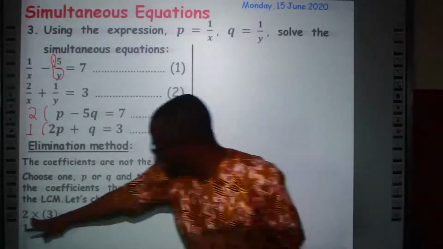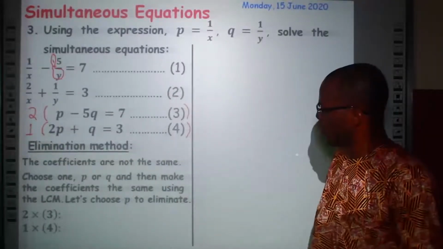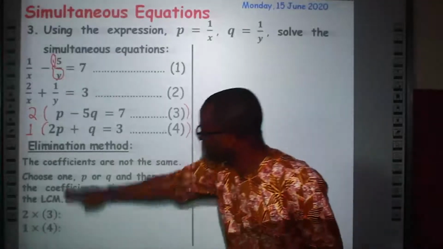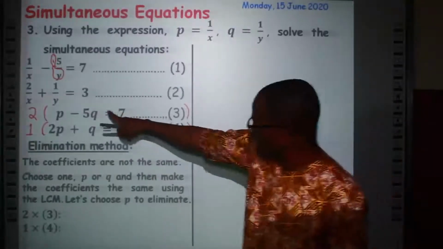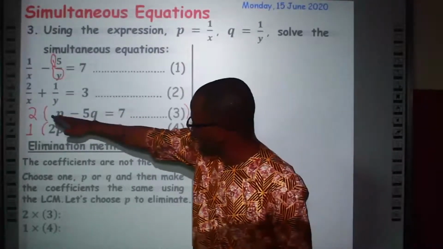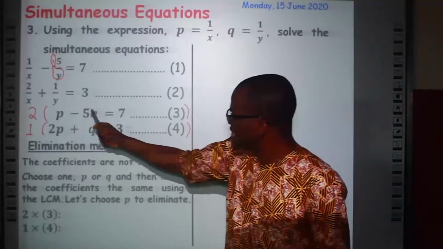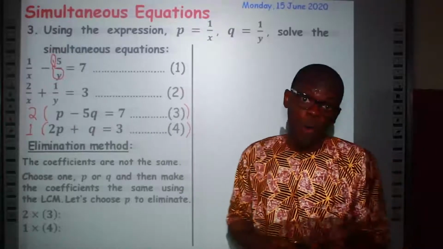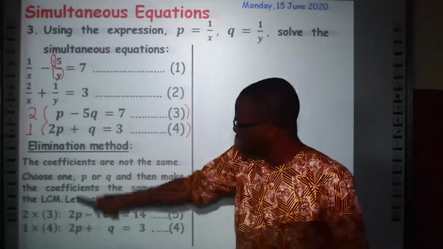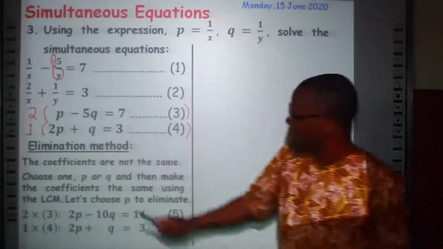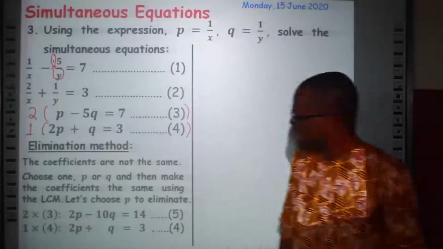And that's what we have here: 2 times the whole of equation 3, and then 1 times the whole of equation 4. So equation 4 actually doesn't change because you multiply by 1. However, equation 3 changes, because by the time you multiply the whole of that by 2, we will have 2P minus 10Q is equal to 14. Right, so there you go, that's what we have. 2 times P gives you 2P, minus 2 times 5Q gives you minus 10Q, that is equal to 2 times 7 gives you 14.